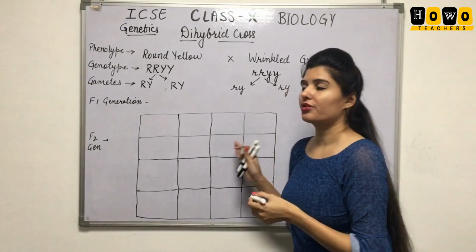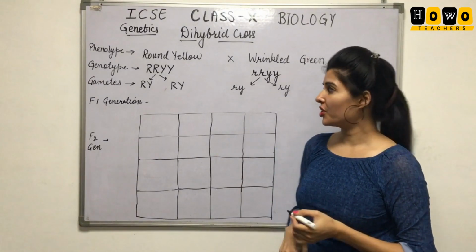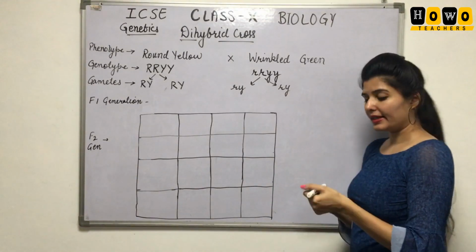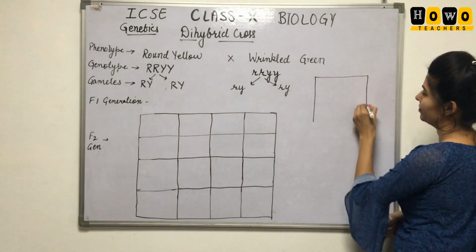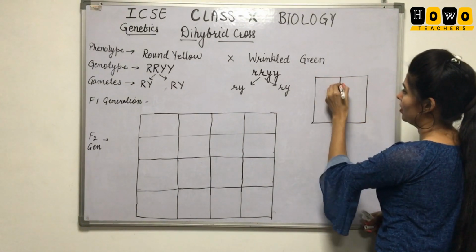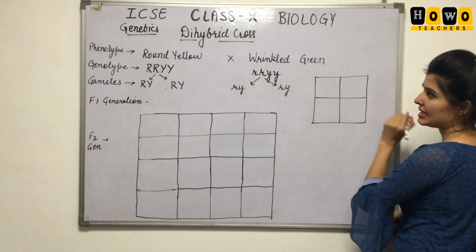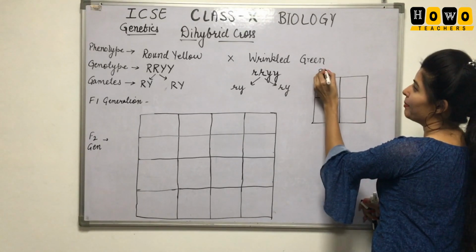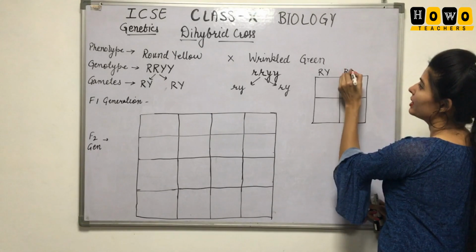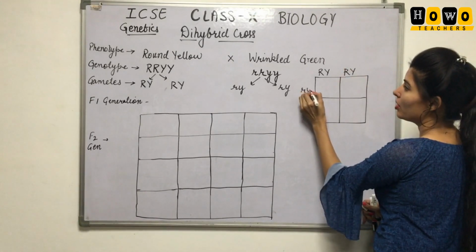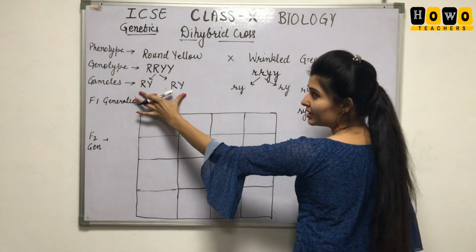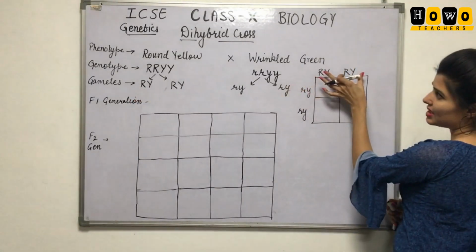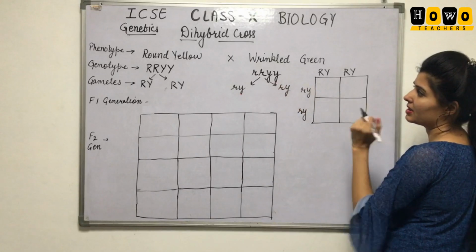Now when we will be crossing them, we get the F1 generation. So let us make a Punnett square for F1 generation. See this, capital R, capital Y, small r, small y. So I have written these two gametes this side and these two gametes this side.